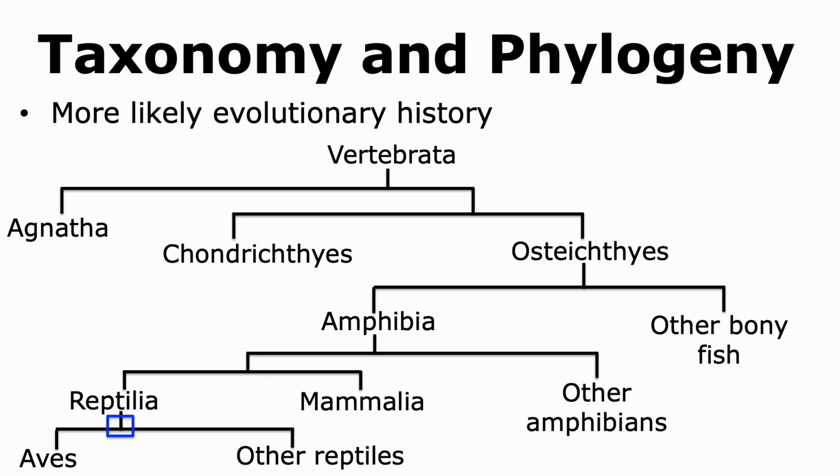Similarly, we can see that a reptilian ancestor gave rise to the class of aves, which are basically birds. Hence, taxonomy is not indicative of evolutionary history.